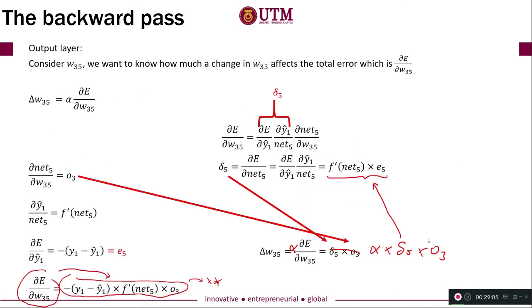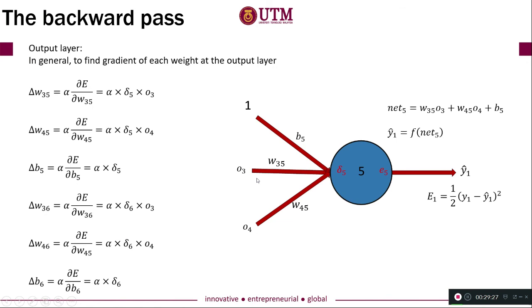Okay, so if you talk about all the parameters involved in the output layer, in order to find the updater of every parameter, doesn't matter whether it is W or B, you can repeat the same process, and that is what you get in general. In general we can express it this way: to find the updater of W35, you need to multiply alpha, delta 5 and O3.